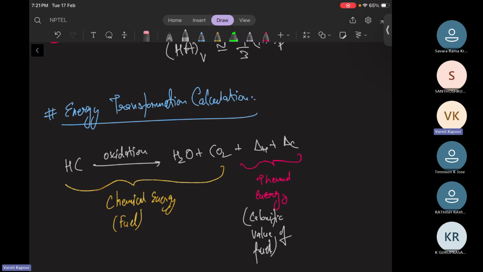Okay, so basically the conversion has happened from chemical energy to thermal energy, and finally this is being converted to mechanical energy by displacing the piston and rotating the crankshaft.